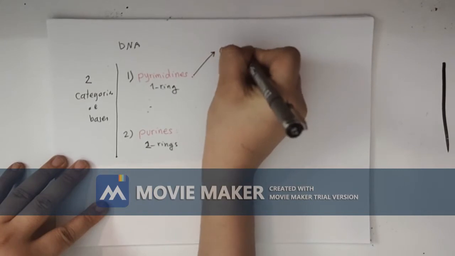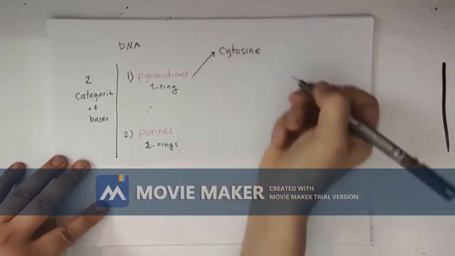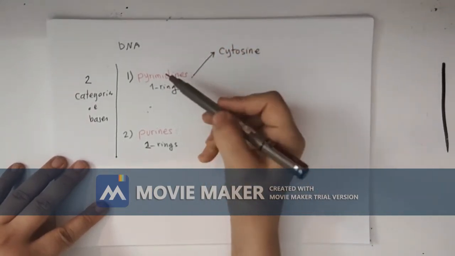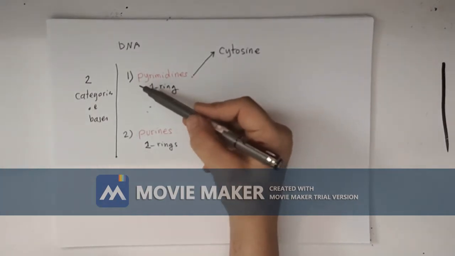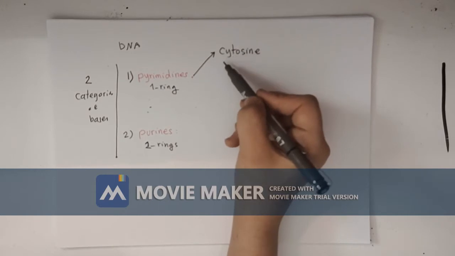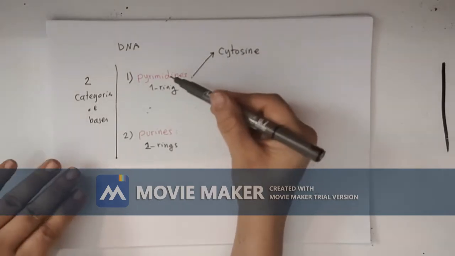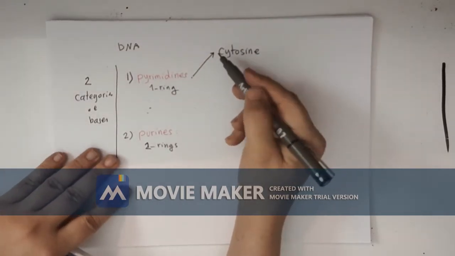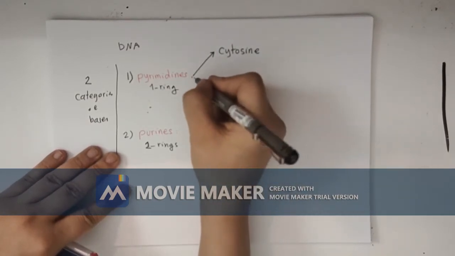cytosine. Remember, because that's a pyrimidine, it has a Y, so cytosine also has a Y. Because both of them have Y, they are under the same category, so you won't forget this one.